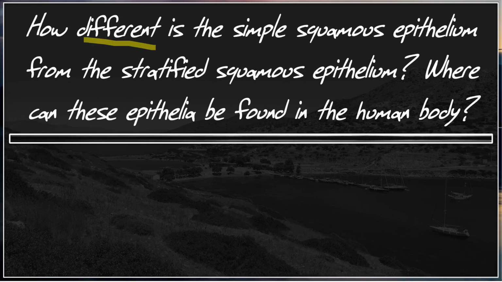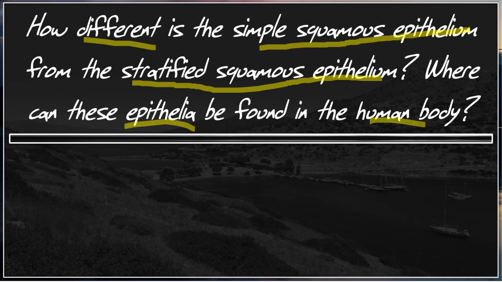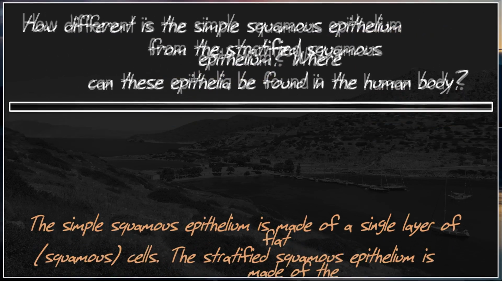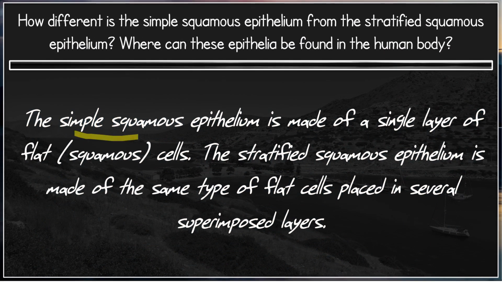How different is the simple squamous epithelium from stratified squamous epithelium? Where are these epithelia found in the human body? Simple squamous epithelium is made of a single layer of flat squamous cells.